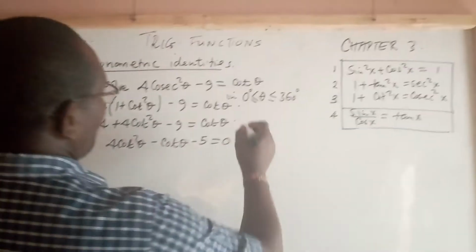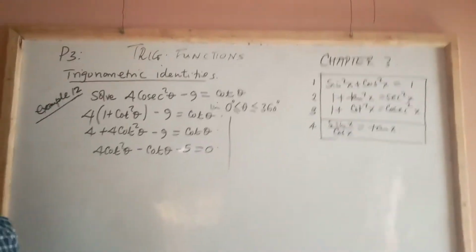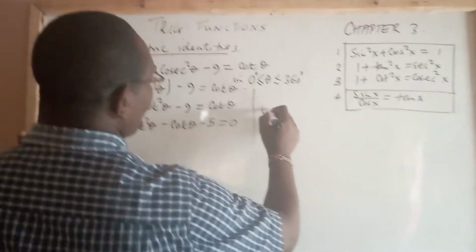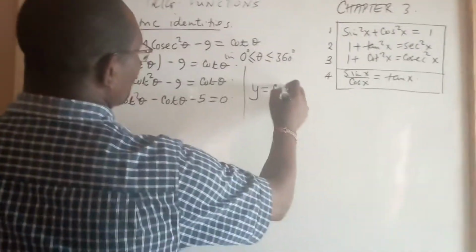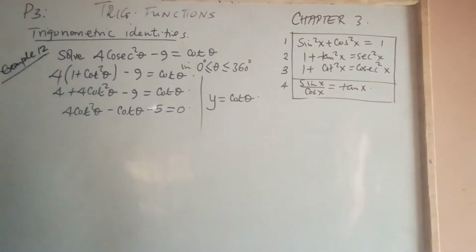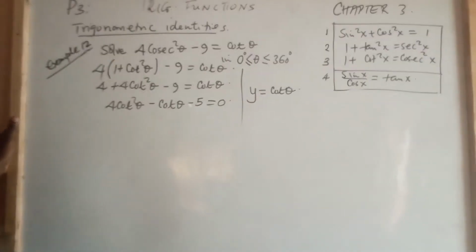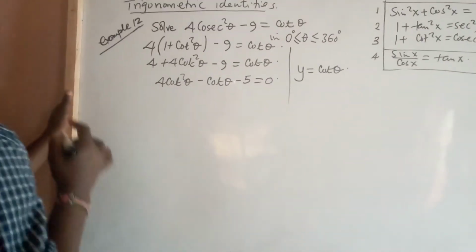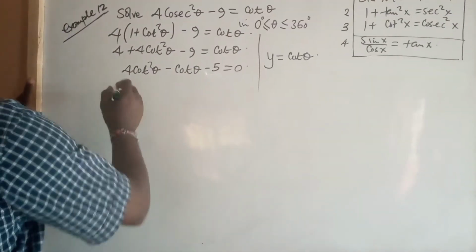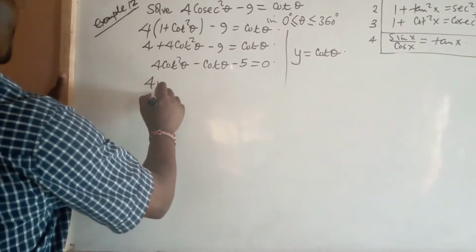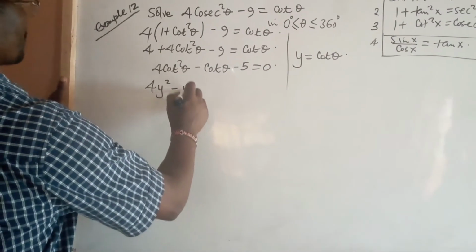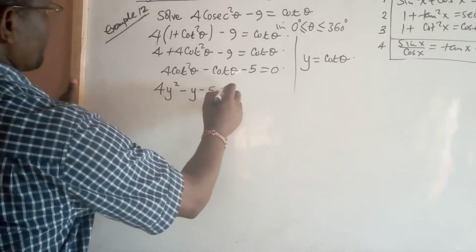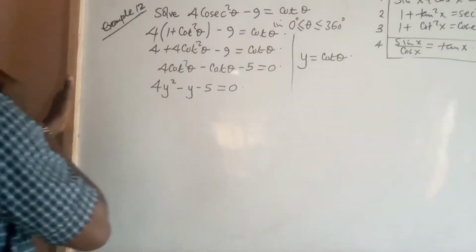Fine. We may have to bring in another unknown, which we can say, let y be equal to cot theta. That way, we are going to clearly see how it is a quadratic equation. Therefore, it changes to 4y squared minus y minus 5 is equal to 0.